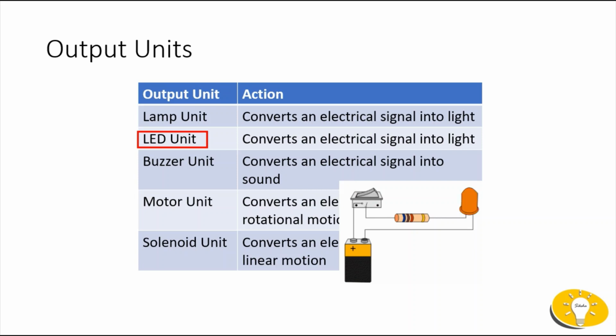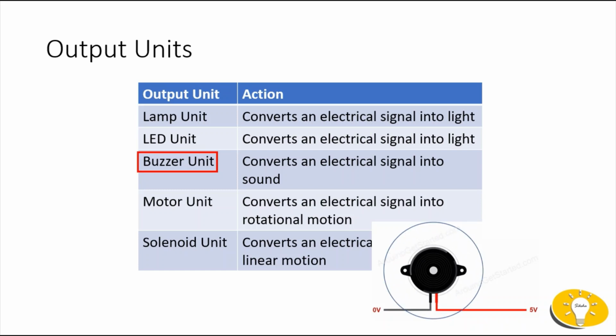The only difference is that instead of a lamp or light bulb, you have an LED, which is more efficient than the light bulb and consumes less energy. That is why we use LED nowadays instead of light bulb in our home. So LED unit is also used to convert electrical output signal into light.